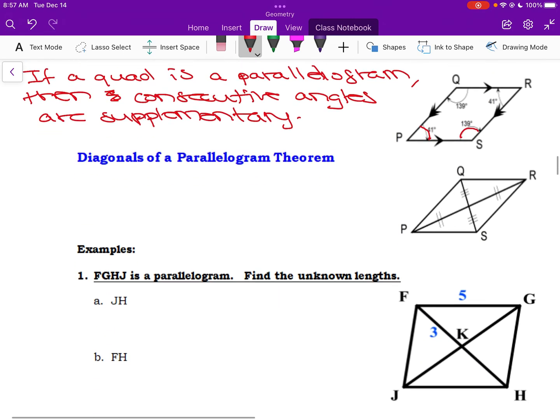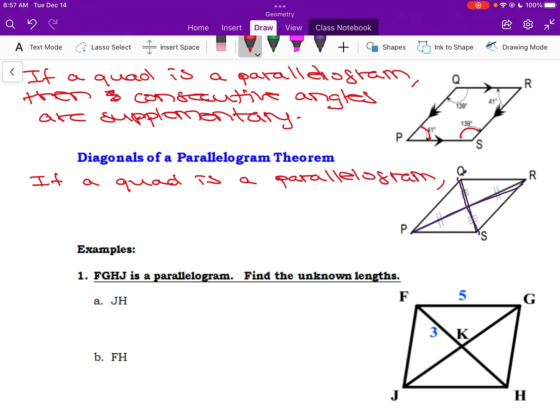Next, we have this concept of diagonals of a parallelogram theorem. And just for your reference, diagonals are the lines that connect the opposing vertices. And we say that if a quadrilateral is a parallelogram, then diagonals bisect each other.